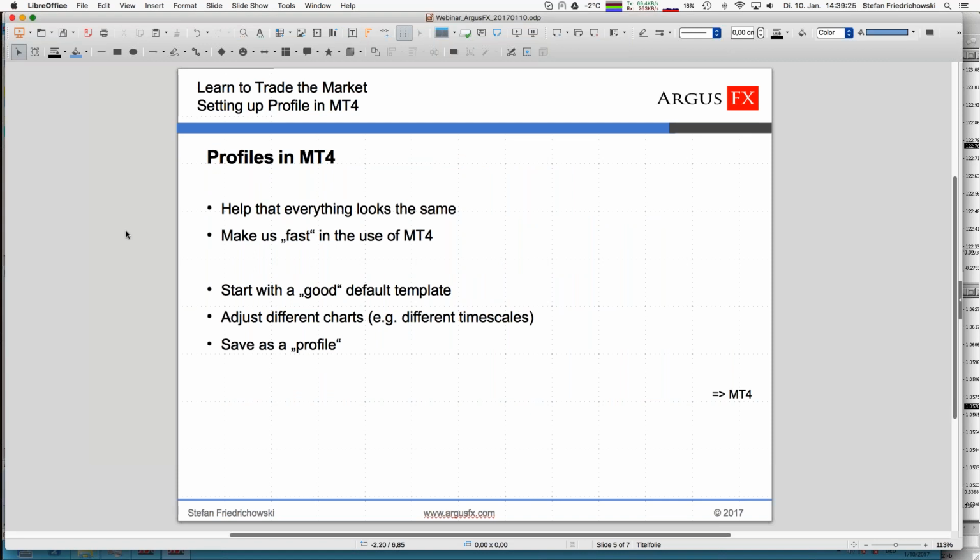what we have to do now is set up so-called profiles in MT4 in order to have a good view on those 8 underlyings, and we will use 2 kinds of ways.